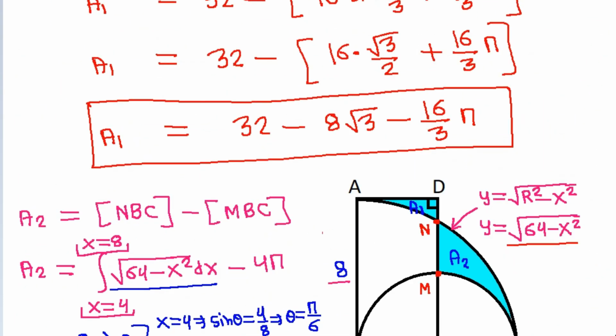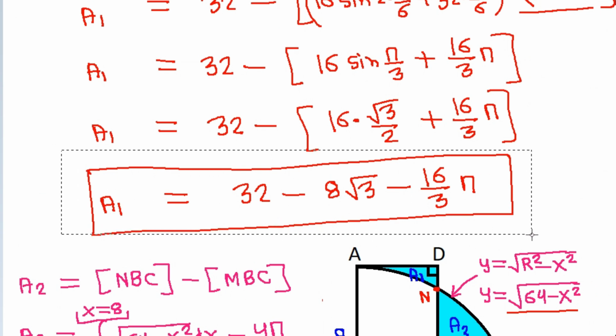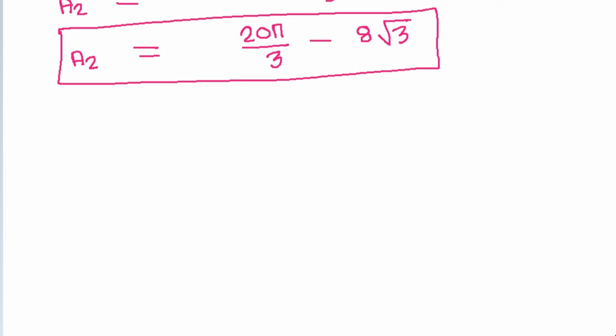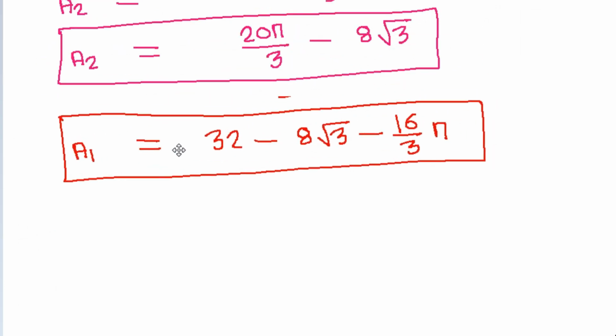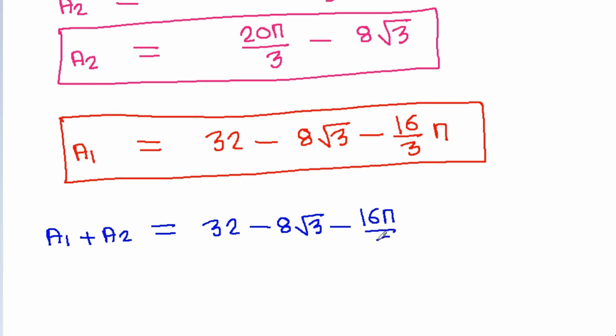And from here we have A1. So A1 plus A2 will be equal to 32 minus 8 times square root of 3 minus 16 pi by 3, plus A2, which is 20 pi by 3 minus 8 times square root of 3.